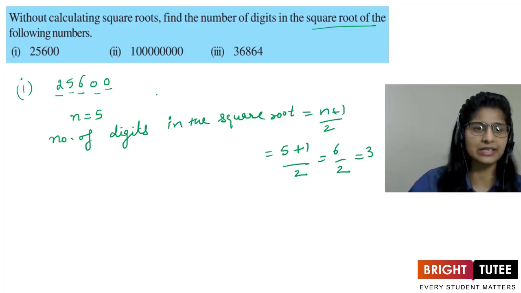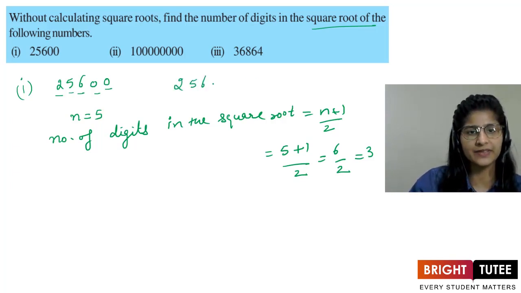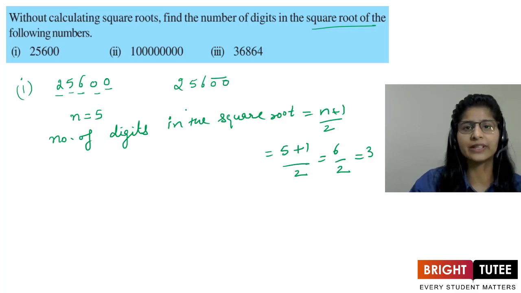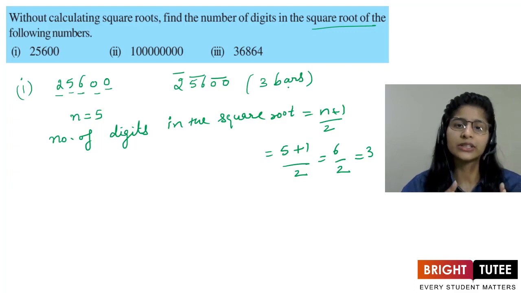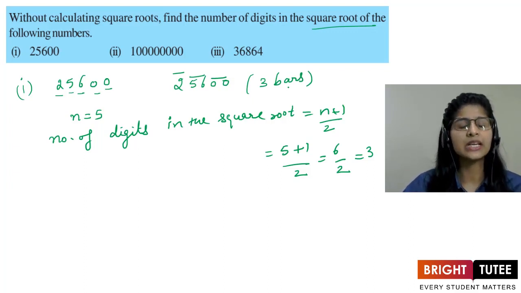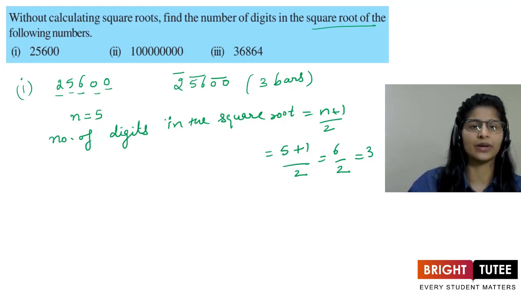Also just by placing the bar, let's start placing the bar. 25600. 1 bar over these 2 digits, another bar over these 2 digits, and whatever is left, that is the third bar. So how many bars do we have? 3 bars. And how many digits in the square root? 3 digits in the square root of that number. You can use any one of the reasons to tell your answer. Let's do the second one.